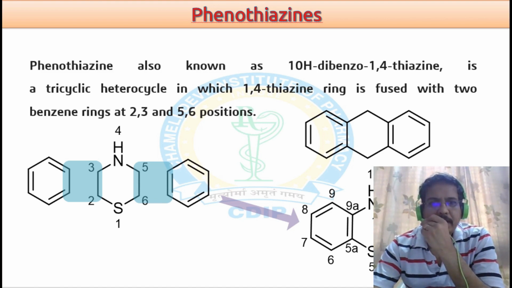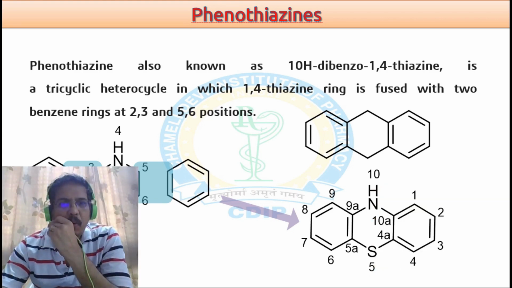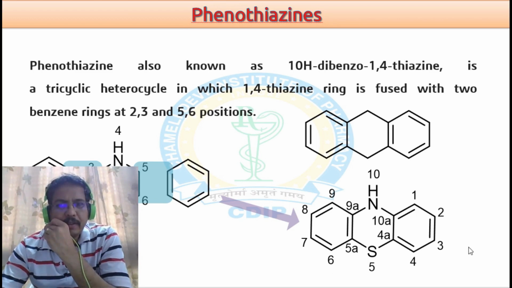These two benzene rings are present on the two ends of the thiazine ring, and the fusion takes place on the 2,3 position on one side with one of the benzene rings, and the 5 and 6 position of thiazine on the other side with another benzene ring. And the whole fusion gives the final structure of phenothiazine.